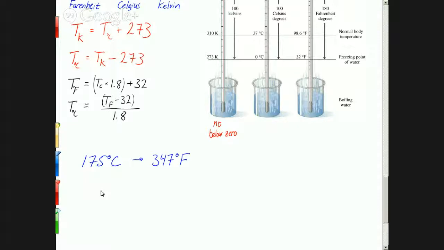Okay, so G is going to be... And then what is this one?